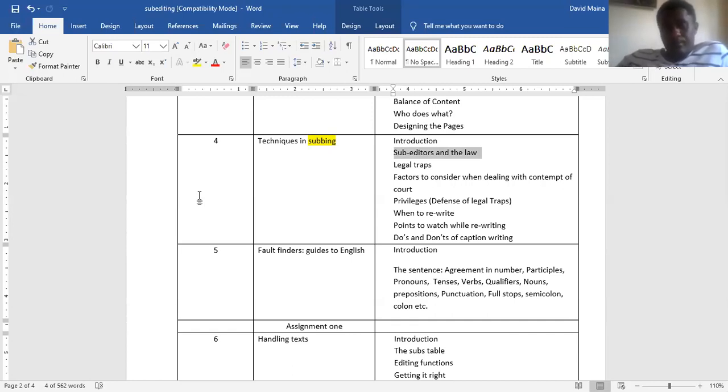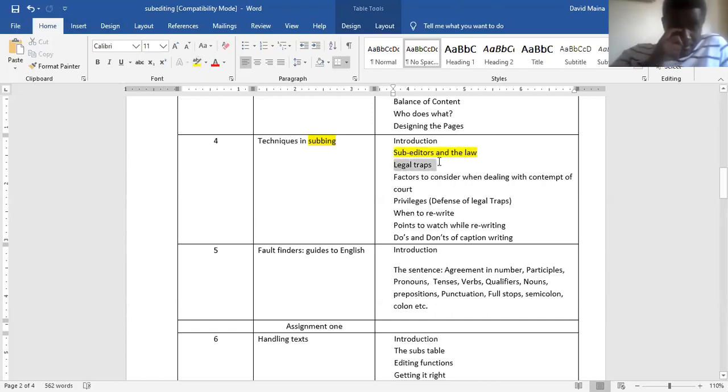We are also going to look at what we call trespass. We are also going to look at rights, what we call freedom of expression, etc. These are things that we will look at.